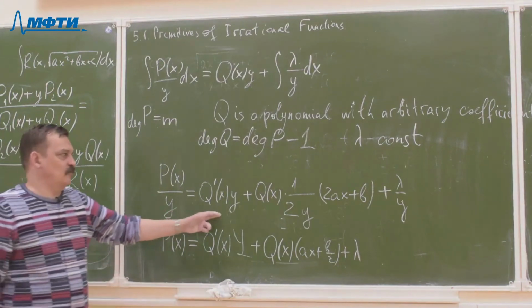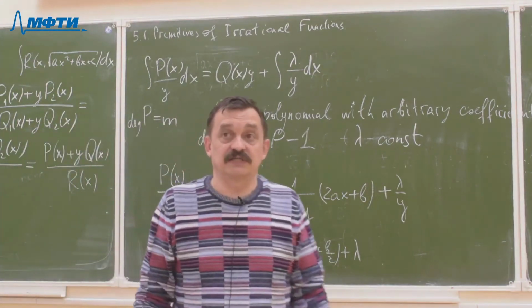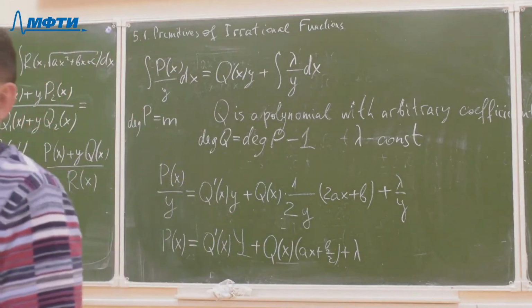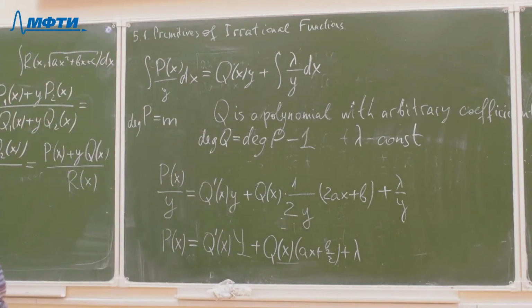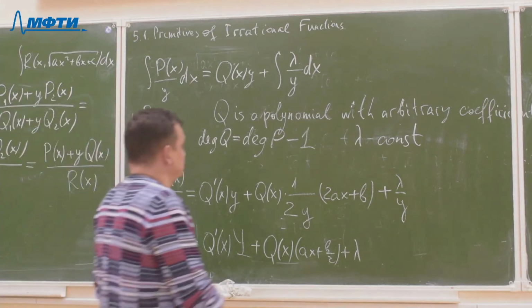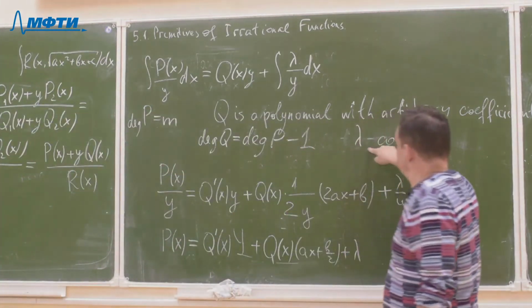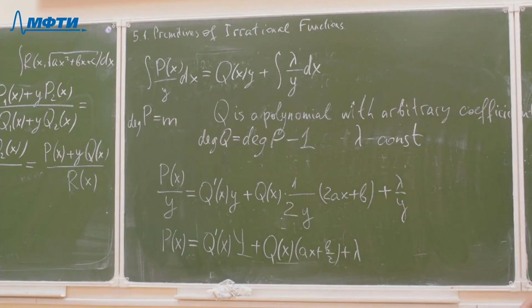So I take the common denominator little y. Lambda is a real number, of course, real. In fact, that is an unknown real number.